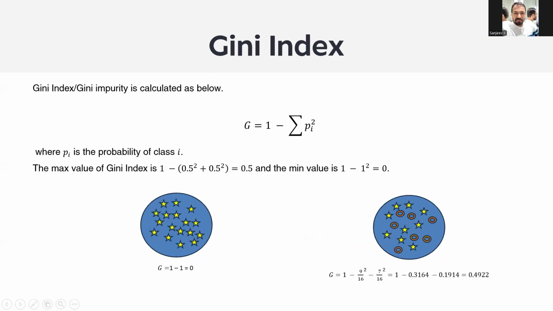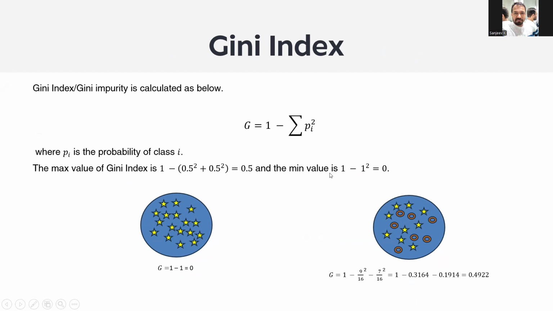So first look at Gini index. Gini index follows this formula, wherein we calculate 1 minus the sum of the squared probability of each class. Say for example, if I have half of the values of class 1 and half of the values of class 0, then the probability of class 1 is 0.5 and the probability of class 0 is 0.5, and I get a Gini index of 0.5.